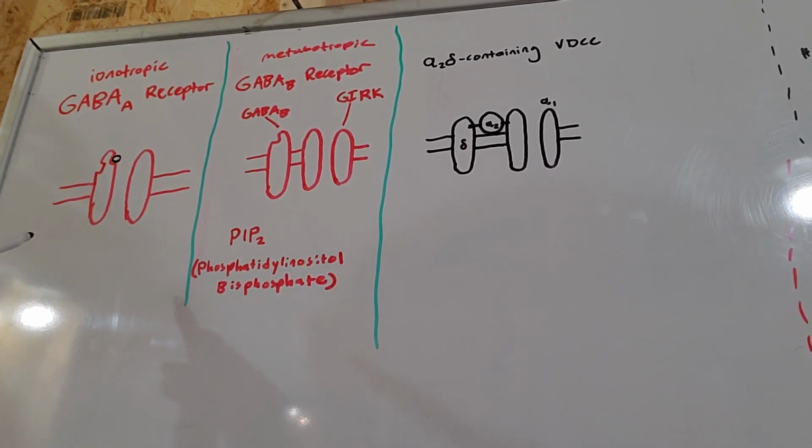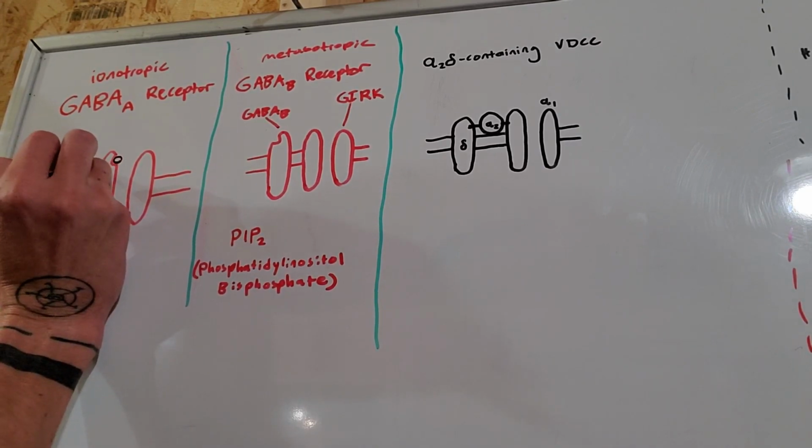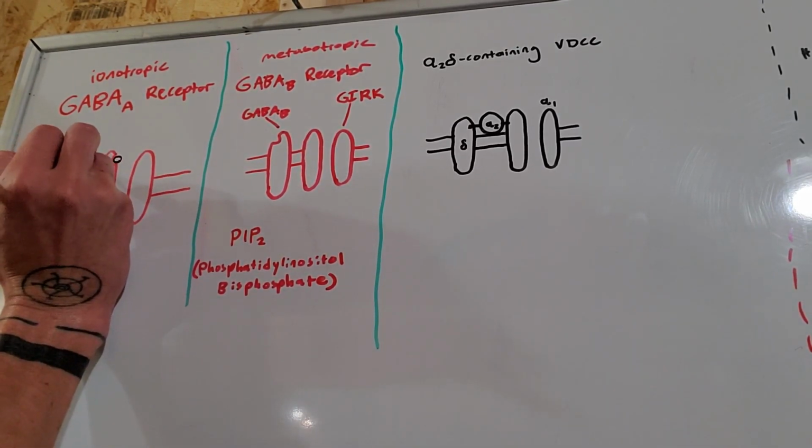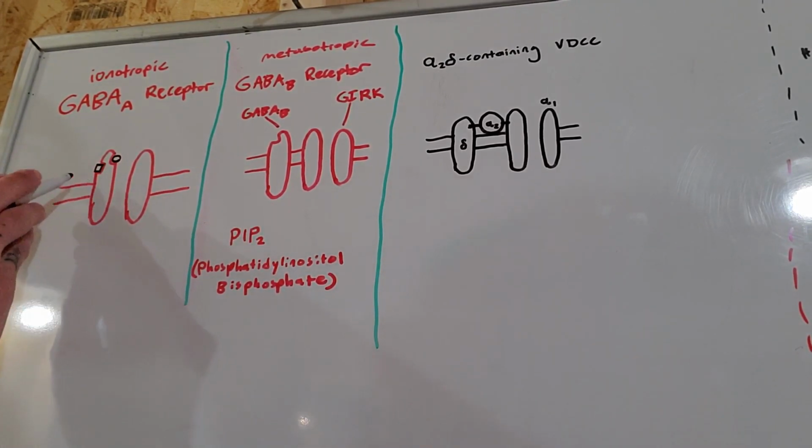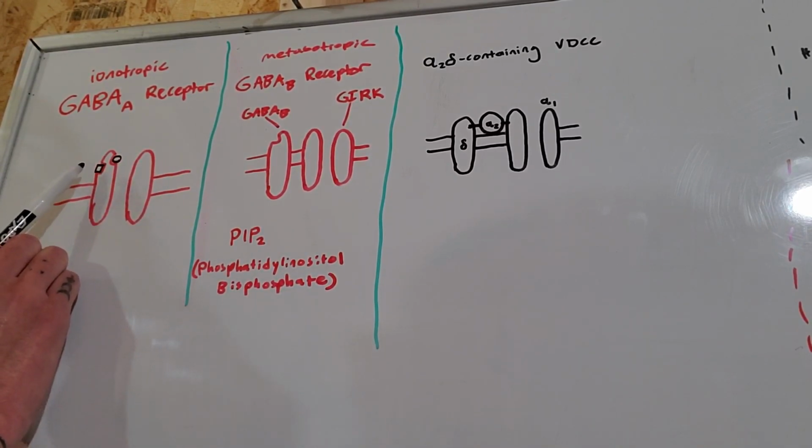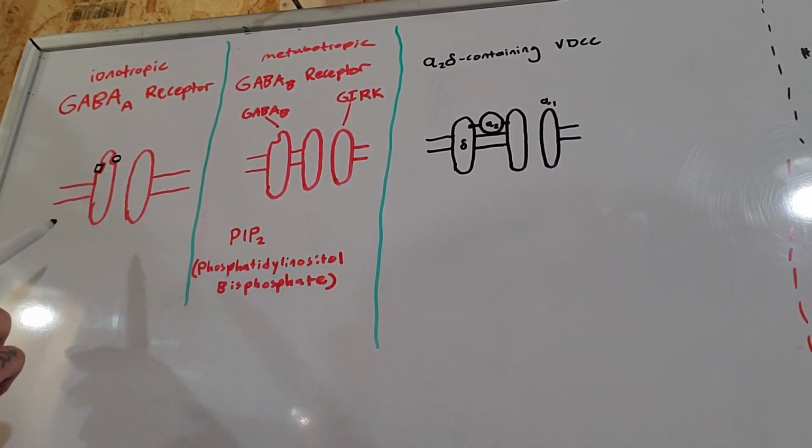So with the GABA receptor, let's say we have GABA, gamma aminobutyric acid, bound to the orthosteric site. And then we have alprazolam bound to the allosteric site, which is the benzodiazepine site, which is also what barbiturates and non-benzodiazepines bind to as well. The binding of the benzodiazepine here increases the activity of the GABA receptors as a whole.